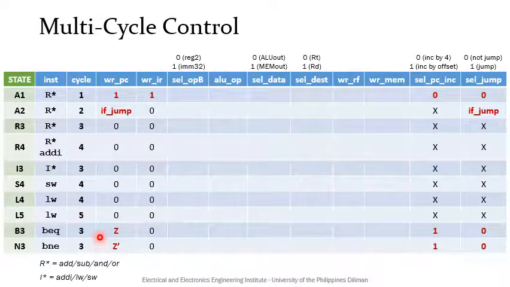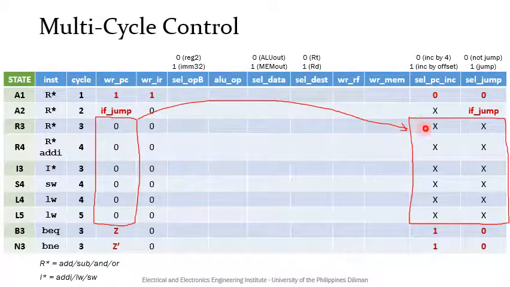For branch if equal at B3, we branch if the 0 flag is asserted, so we write that as Z. For branch if not equal at N3, we branch if the 0 flag is deasserted, so we write that as Z prime. For select PC increment and select jump, note that for all cases where write PC is 0, then these two rightmost control signals are don't cares.